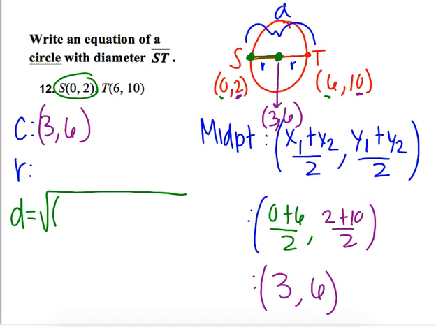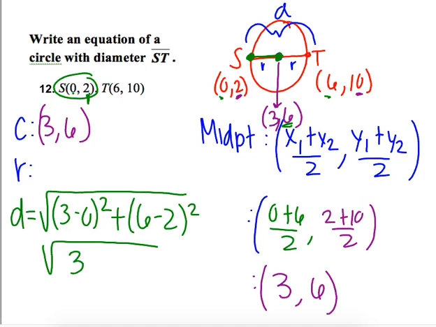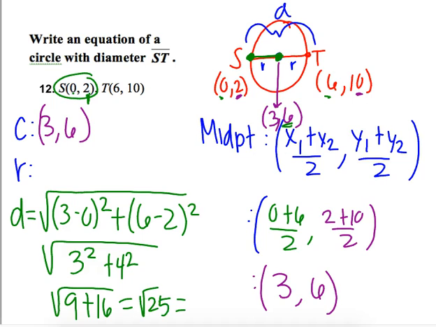So I'm going to have my center's x coordinate, 3 minus 0, plus my center's y, 6, minus 2, that's on S, squared. 3 minus 0 is simply 3, 6 minus 2 is 4. Squaring these, I get 9 plus 16, which we all know is 25, and we know the square root of 25 is 5.